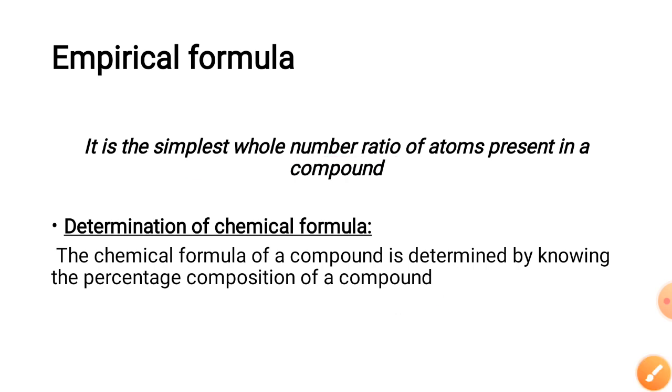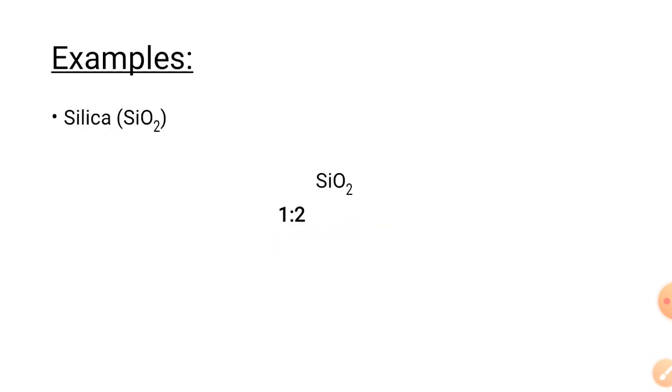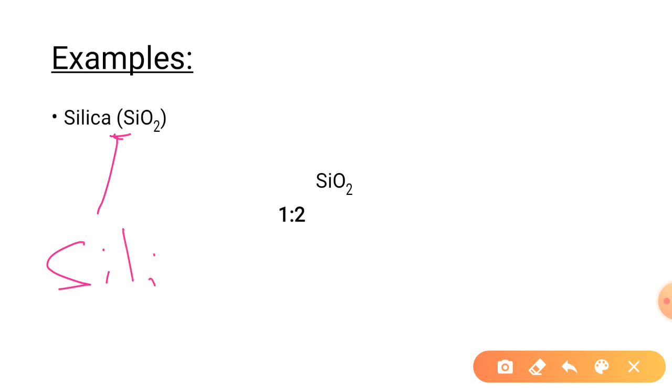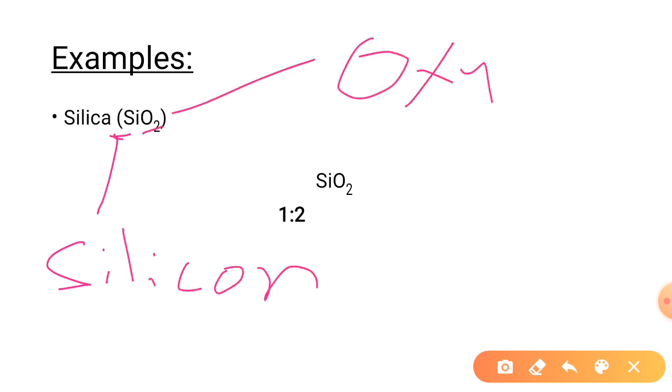We will discuss it with a very simple example of a covalent compound, which is silica. The formula of silica is SiO2. Si represents silicon, and O represents oxygen.